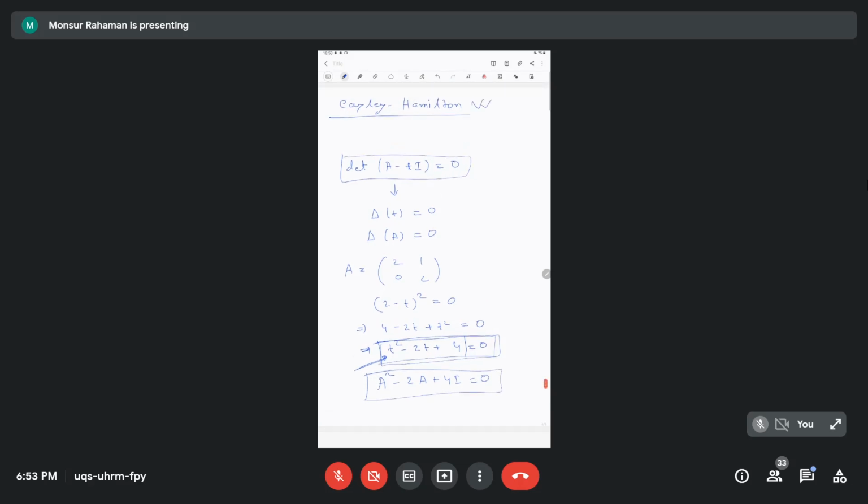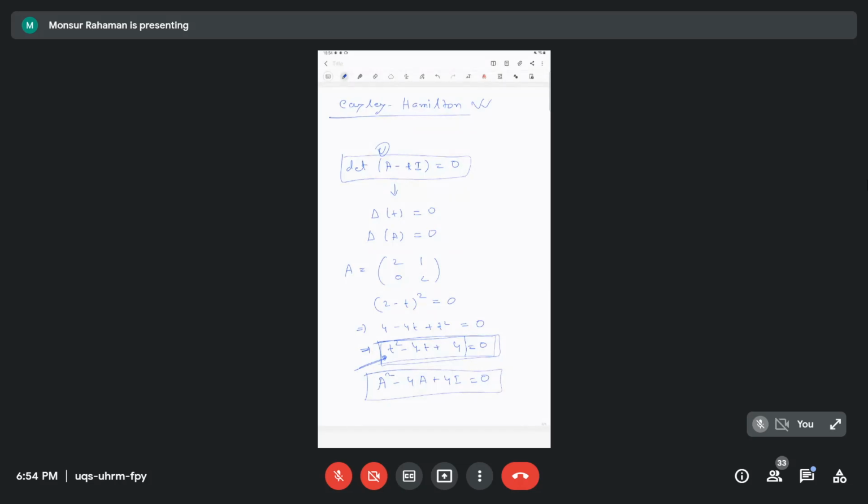Whatever polynomial you find, that polynomial also holds for the original matrix, so a square minus 4a plus 4i equals 0.